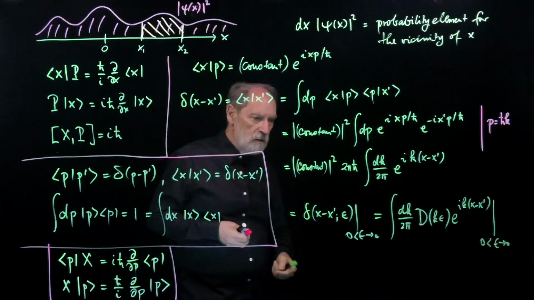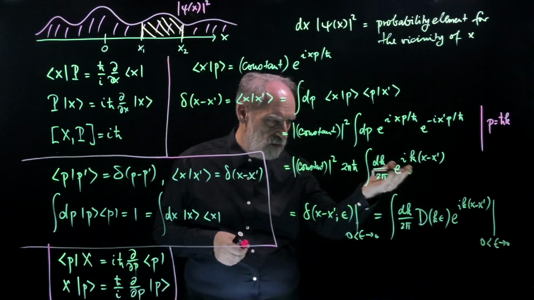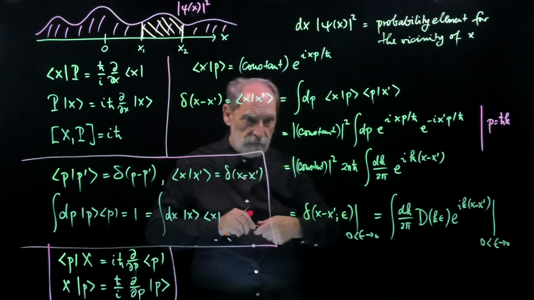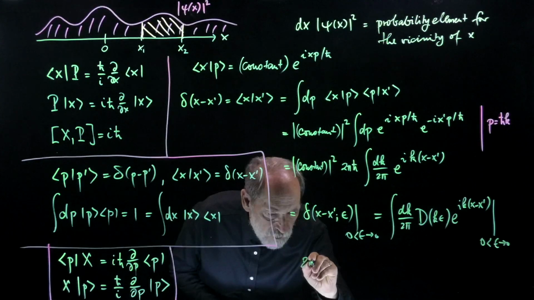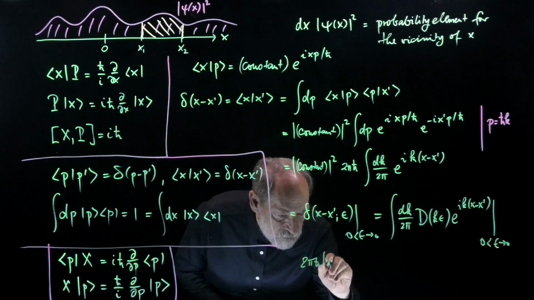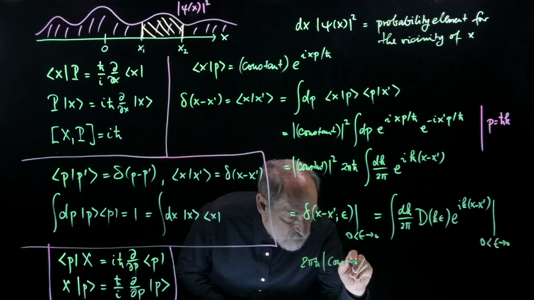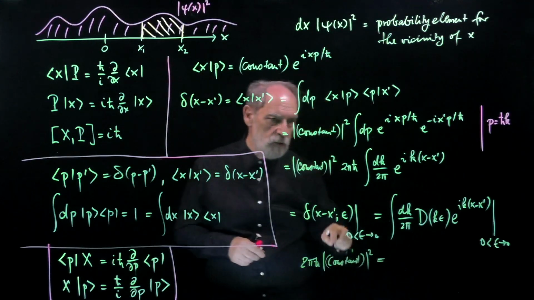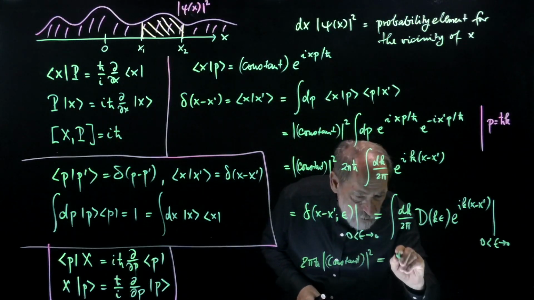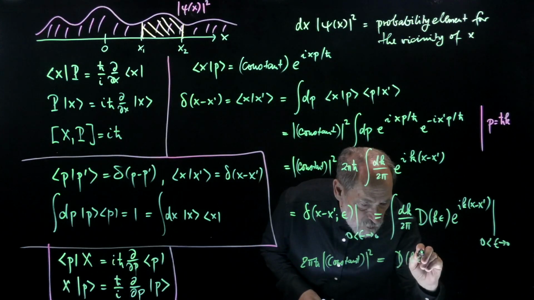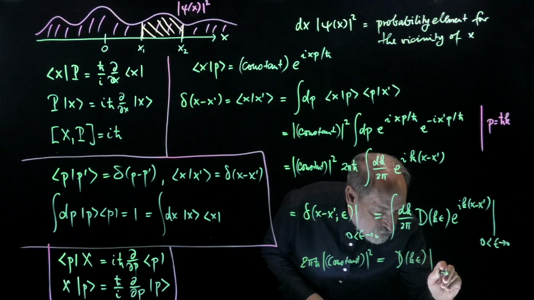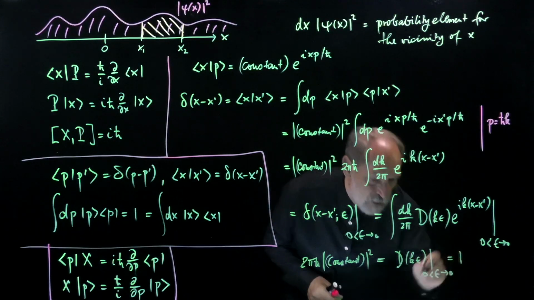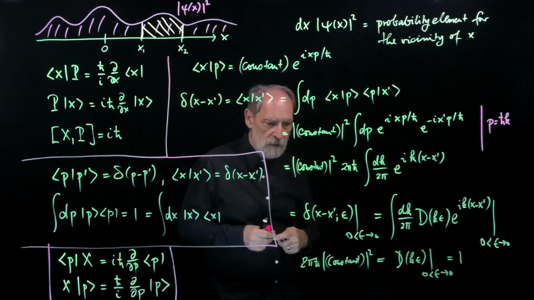All right, so compare this expression with this expression. It basically tells us that 2 pi h bar times the constant squared has to be equal to the d(k, epsilon) in the limit when the epsilon goes to 0 through positive values, but this is 1 as a property of the d.